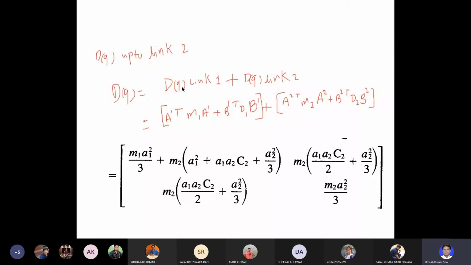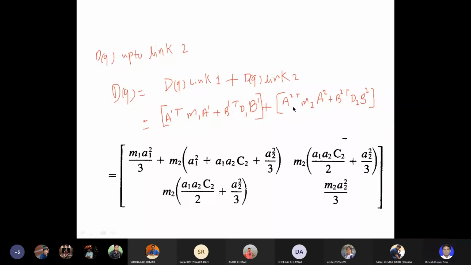Here you see that previously you had calculated the d1 cube by a1 transpose m1 a1 plus b1 transpose d1 b1. Okay, this is the dq for the previous link. This is d1, the inertia of link 1 center of gravity with respect to base frame.